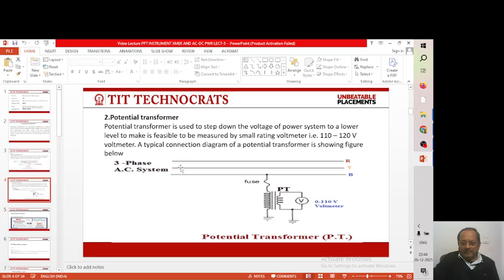So we can see here, this is again our transmission line, and the voltage of this transmission line may be 11,000 volt or 33,000 volt or 66,000 volt or 132,000 or 765,000 volt.